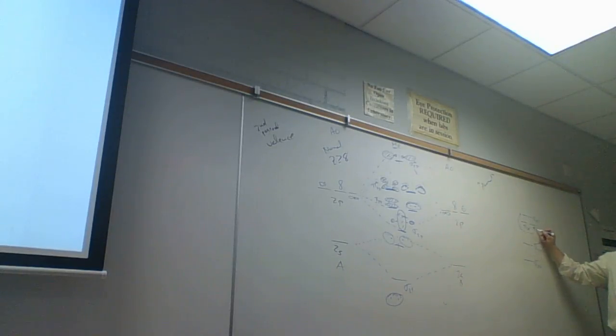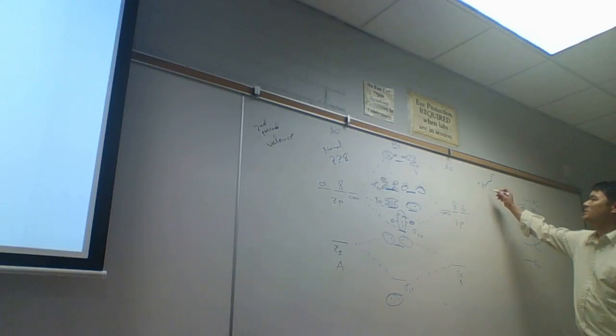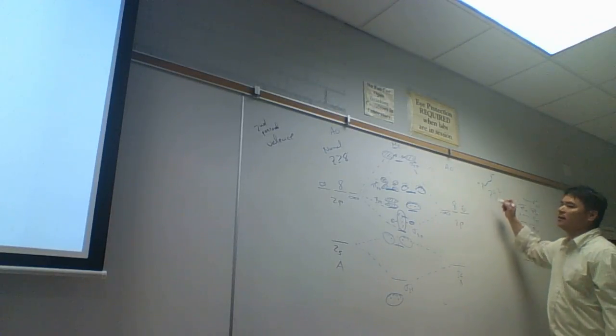So here's the pi 2p, and then we have the pi star 2p's, and then the sigma star 2p. This is for Z less than or equal to 7.